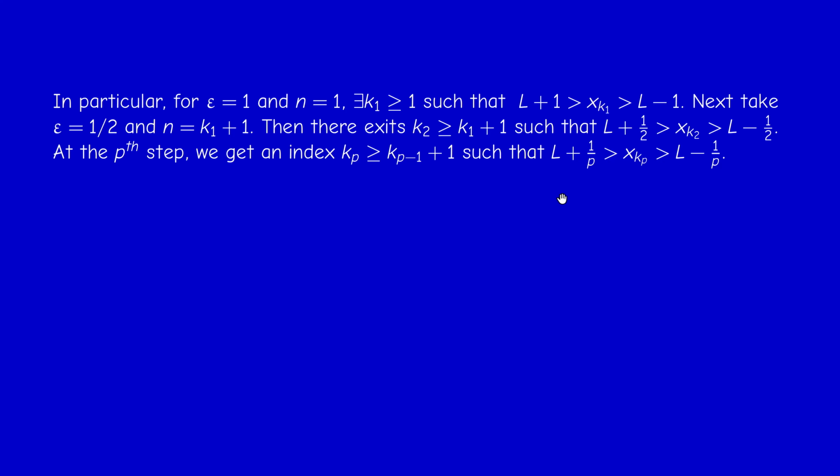By our choice of the indices, kp is strictly increasing as a function of p. So xkp is a subsequence of xn, and by construction it's between L minus 1 over p and L plus 1 over p. So when p tends to infinity, xkp converges to L. So we have found a subsequence that converges to L.